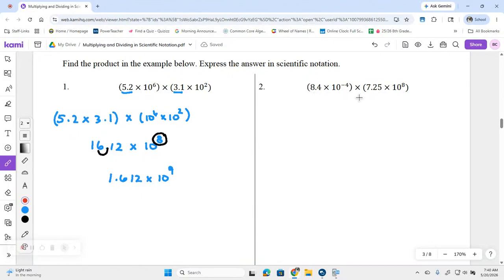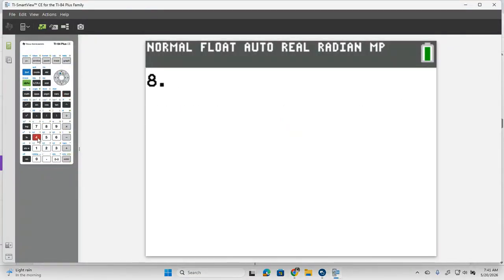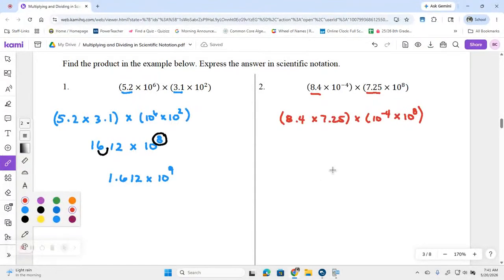8.4 times 10 to the negative 4th multiplied by 7.25 times 10 to the 8th. We're going to multiply 8.4 times 7.25, and we're going to multiply 10 to the negative 4th times 10 to the 8th. 8.4 times 7.25, we get 60.9.